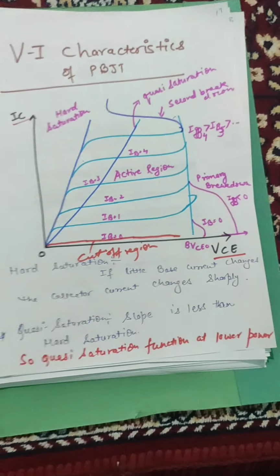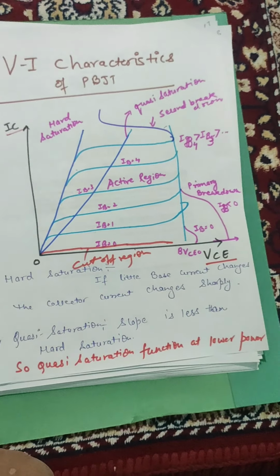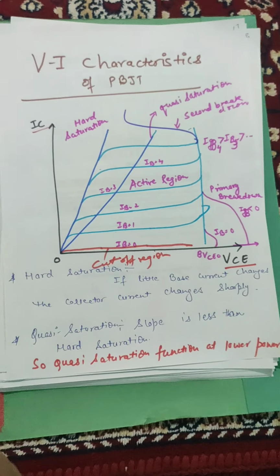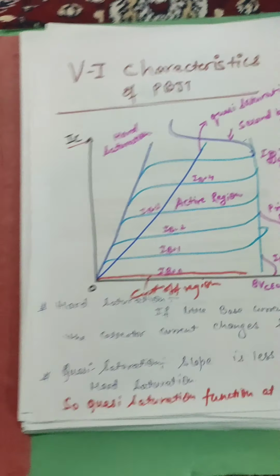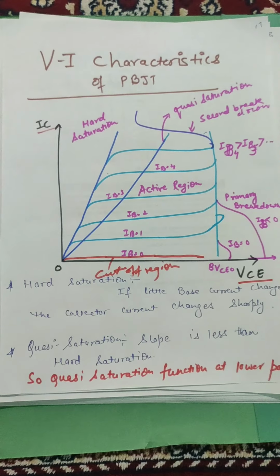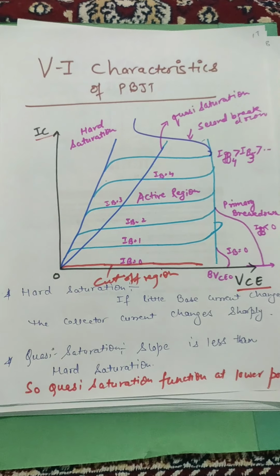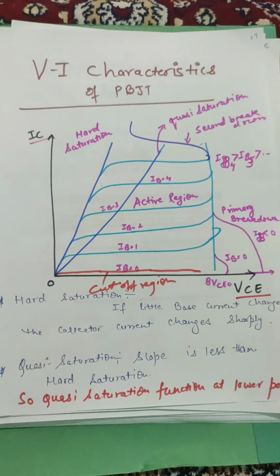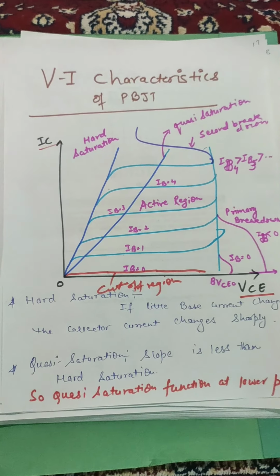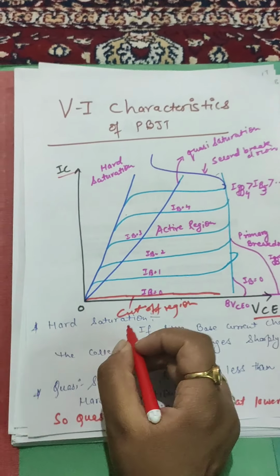When both regions are in negative bias, no current will flow in the circuit, because N is connected with positive and P is connected with negative. So a very small leakage current will flow in the circuit. That is called cutoff region, shown with the red mark.